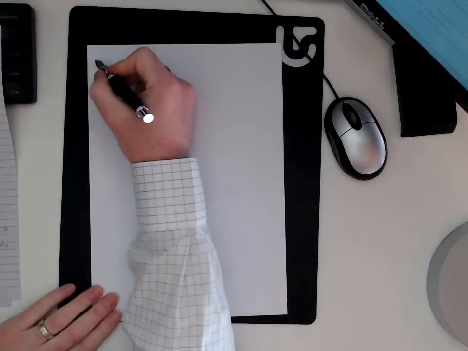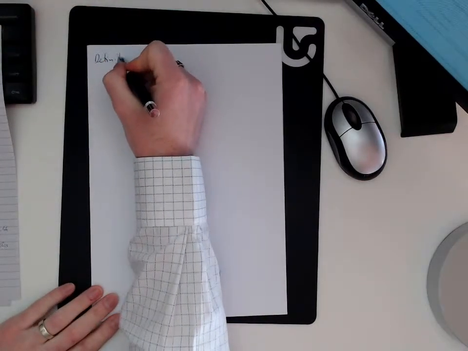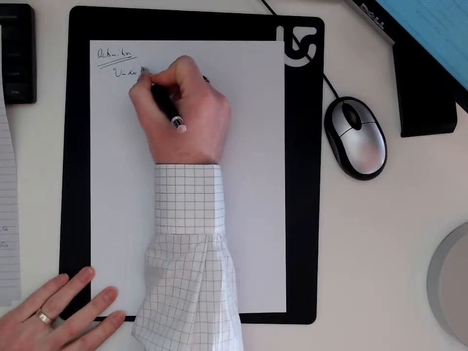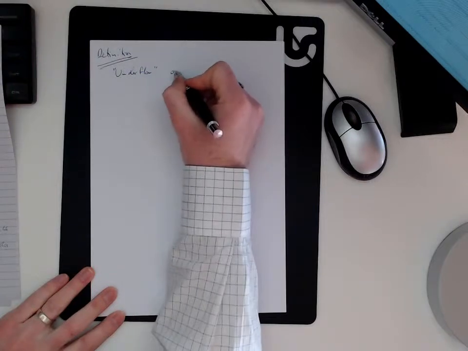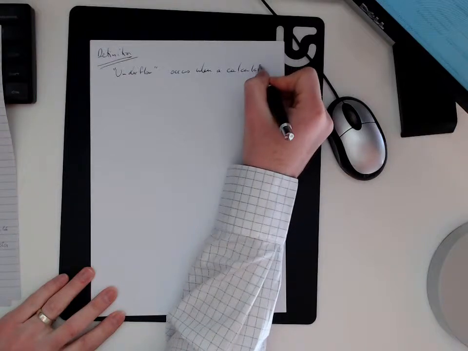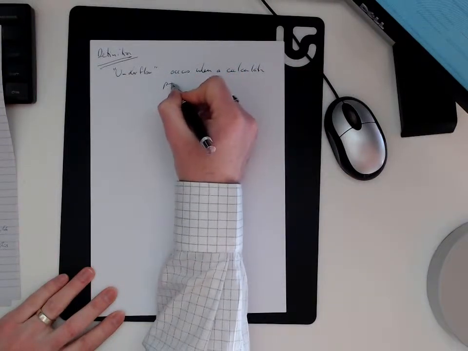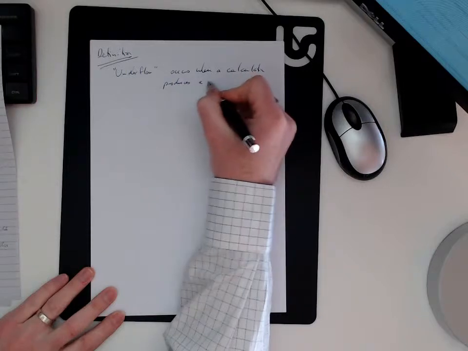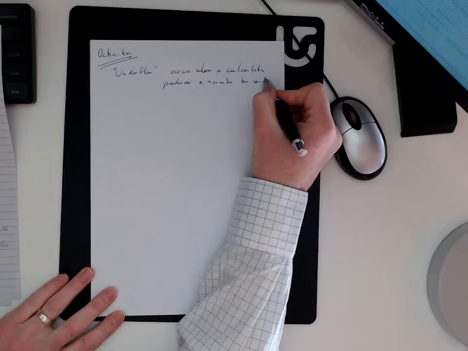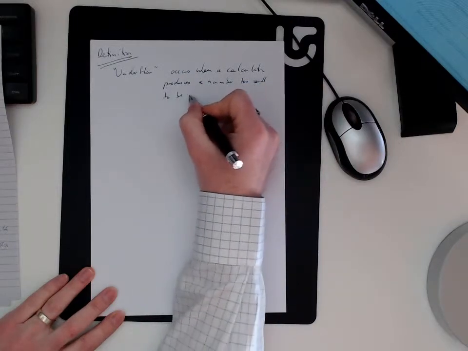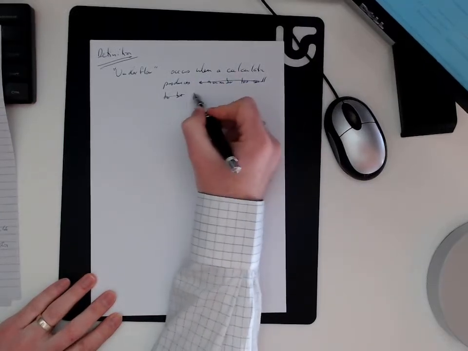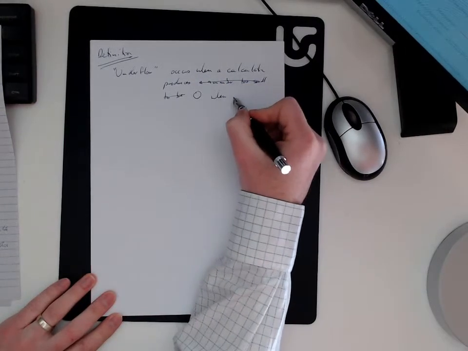Okay, so underflow, definition. I hesitate to call it a definition because it's this terminology that's used. Underflow occurs when a calculation produces a number too small to be represented. That's not quite true. Occurs when a calculation produces, let's say, 0 when it shouldn't.